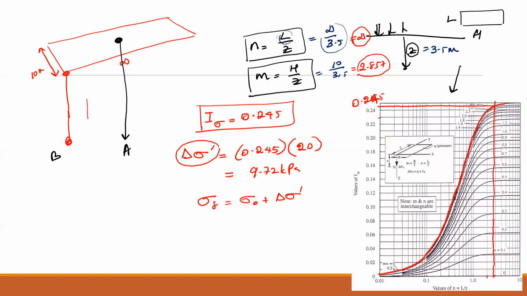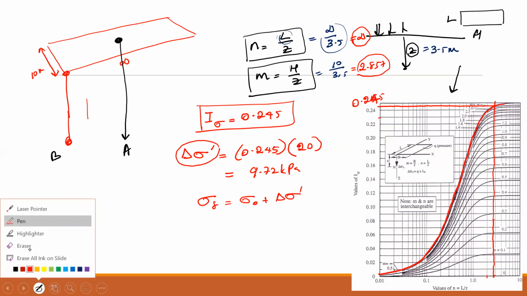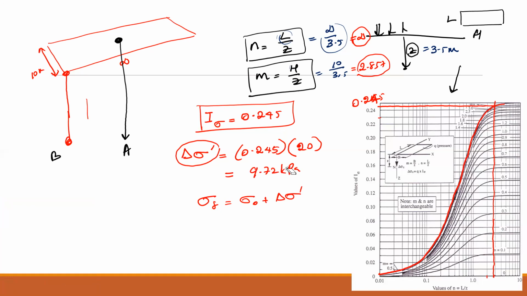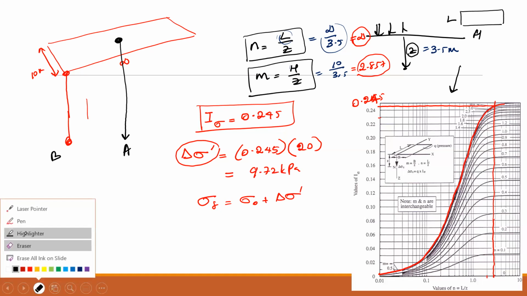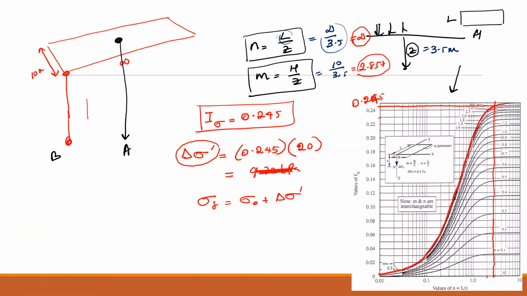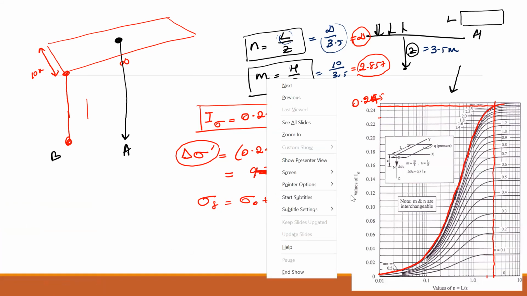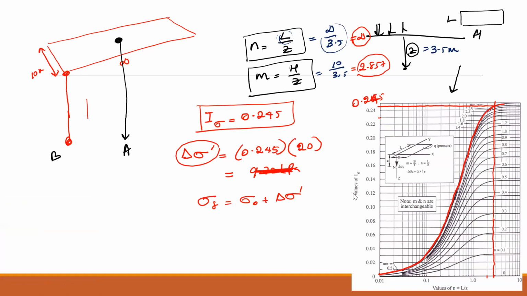What did you get? 4.9. 0.245 times 20, yes, 4.9. Is that right? I didn't check actually. If you get something else, that should be correct. Caroline, what did you get? Yes, 4.9. You are right.